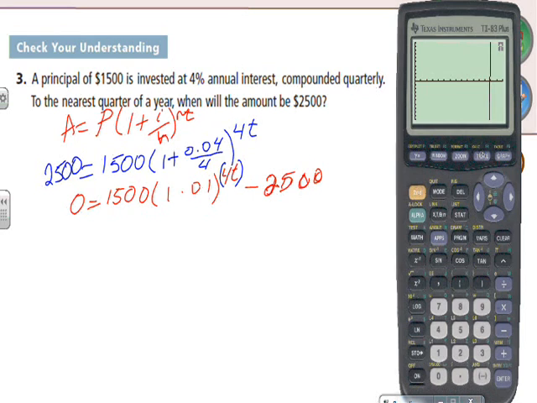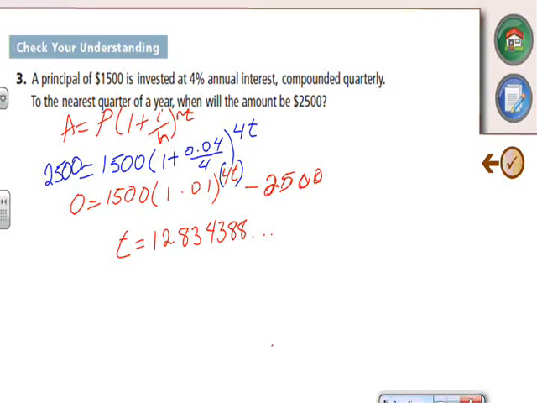So we're now going to find our 0 on there. So we're way down into the negative, so we want to go up. And there it is. So enter. And go above the axis. Good, we're there. And enter. And enter. And we come up with 12.83.